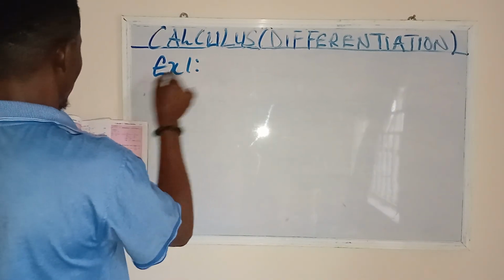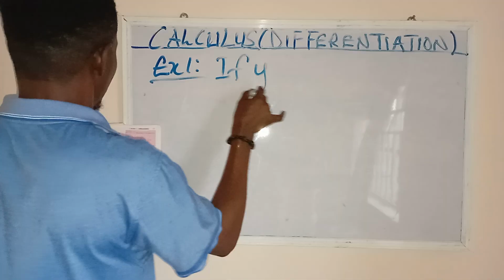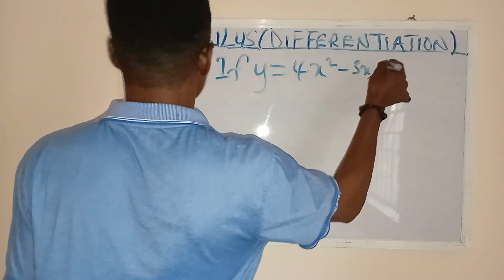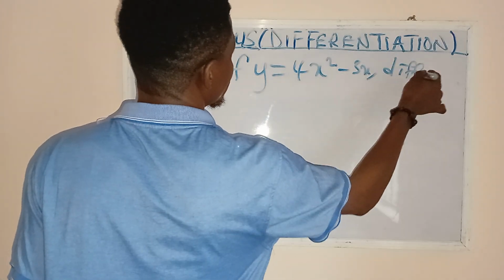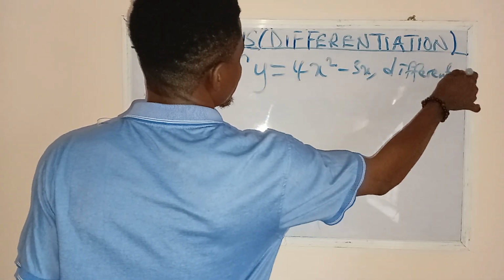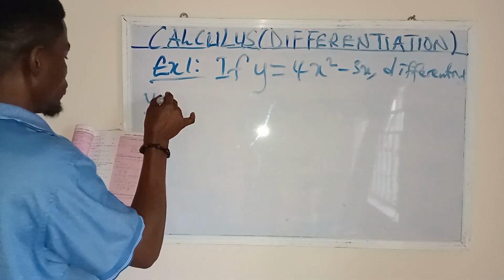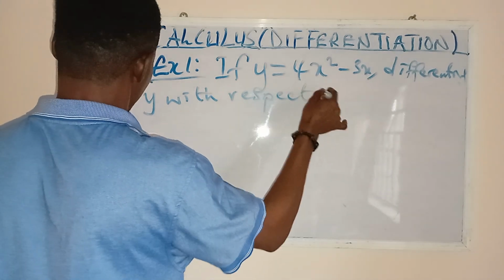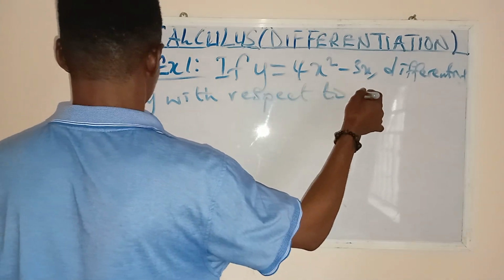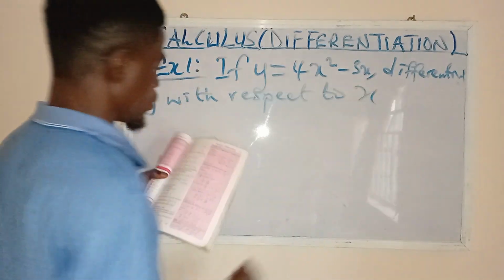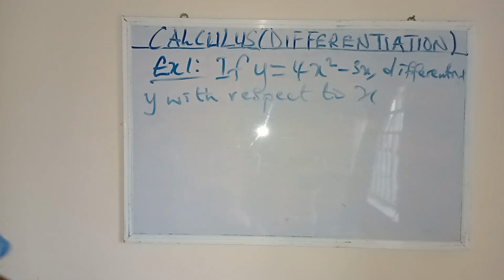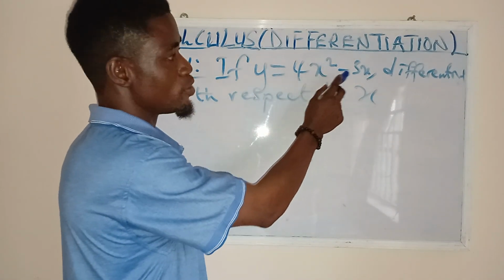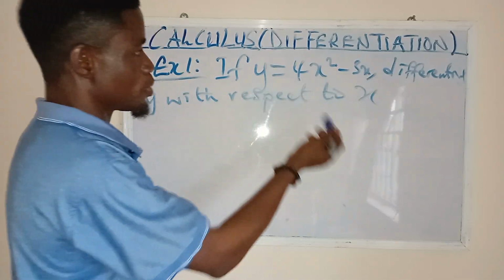Example 1: if y equals 4x squared minus 3x, differentiate y with respect to x.